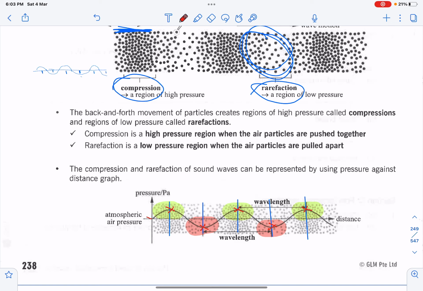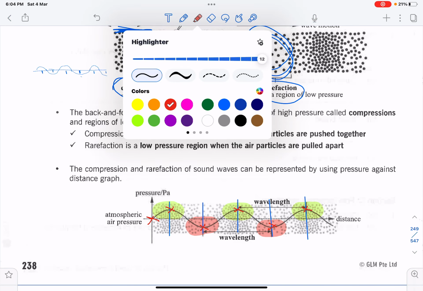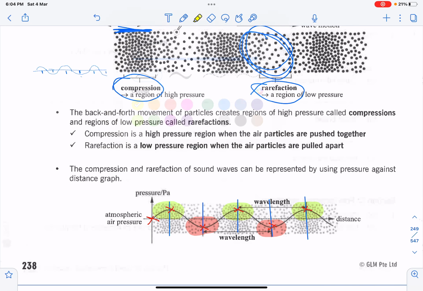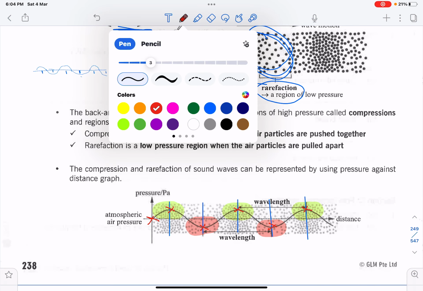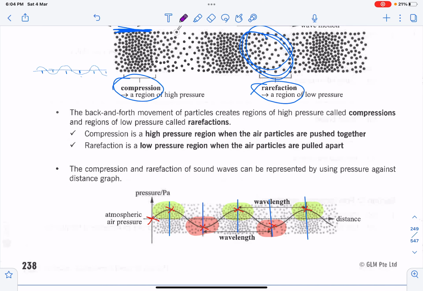Do note that it usually can start around the 0,0 point, and then you can draw. How many waves there are is decided by the number of wavelengths. Let's say I use purple. This constitutes one wavelength.